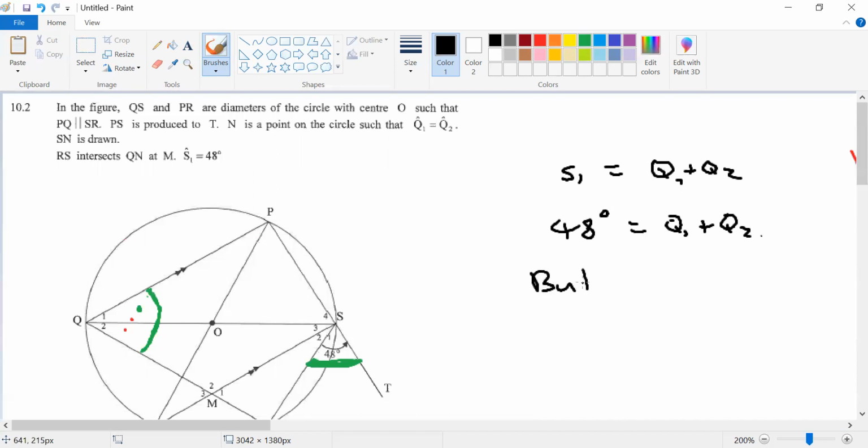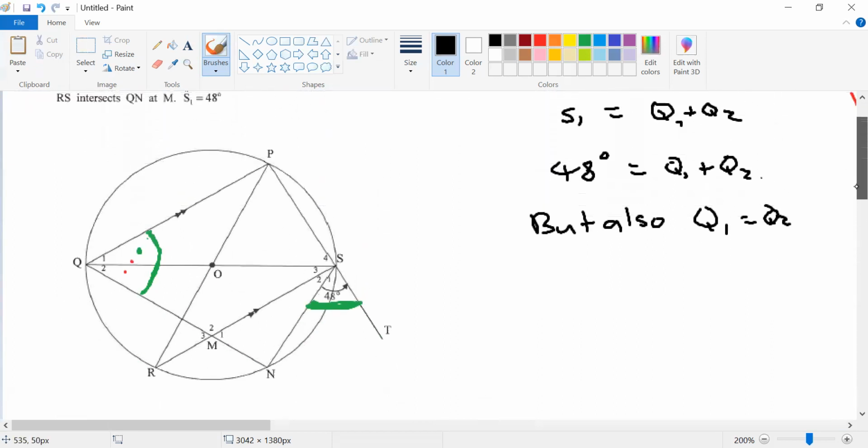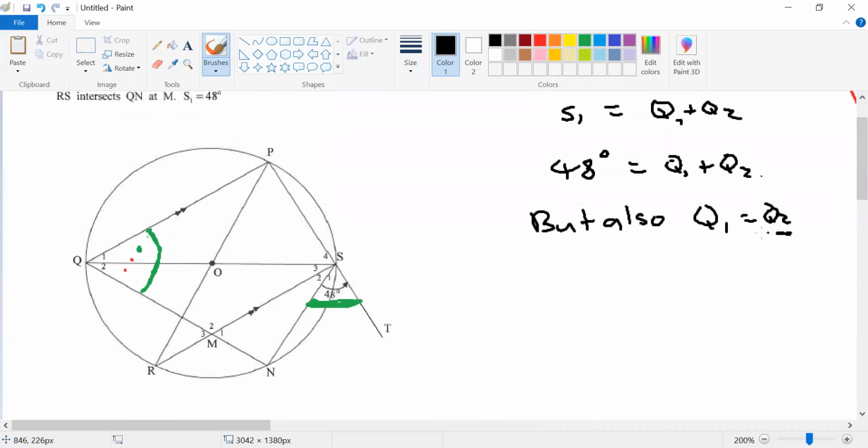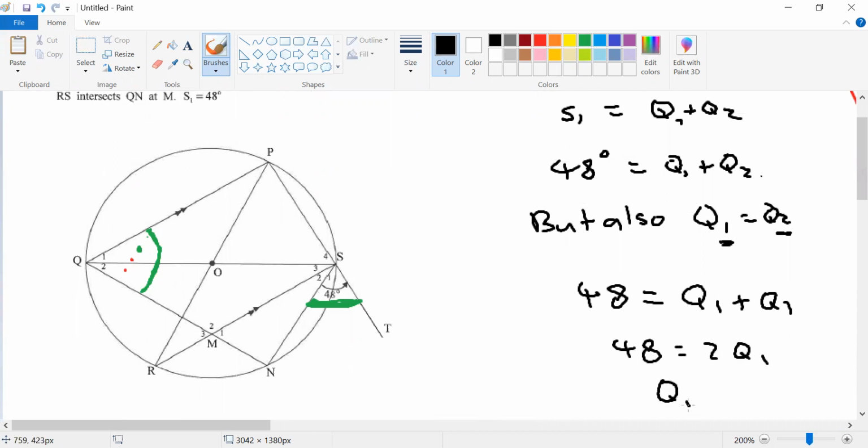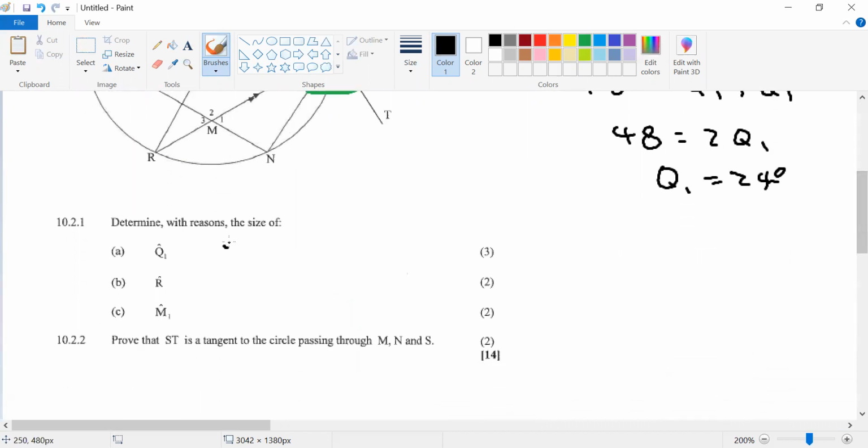But also Q1 is equal to Q2 because that's what they've told us in the question itself. So where I see Q2, I can actually write Q1. So now I will say 48 is equal to Q1 plus Q1. 48 is equal to 2Q1. And then Q1 is equal to 24 degrees. So we've managed to solve the first question.